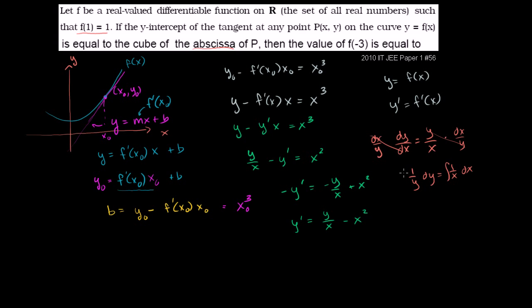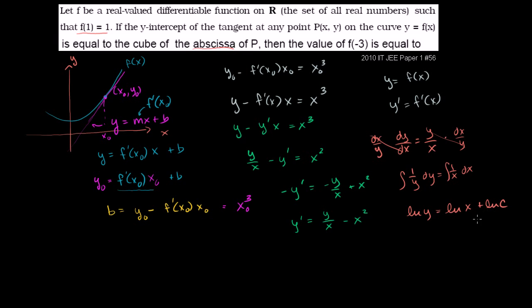You integrate both sides of that, and you would get the natural log of y, that's the antiderivative of 1 over y, is equal to the natural log of x plus some constant. And we could write any constant as plus the natural log of some constant, right?